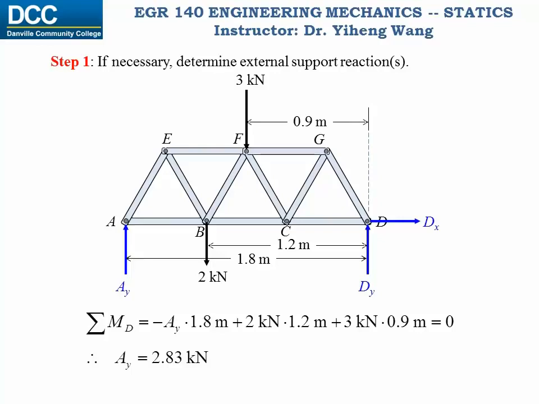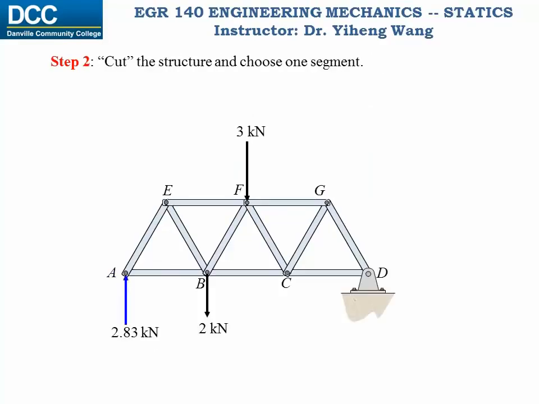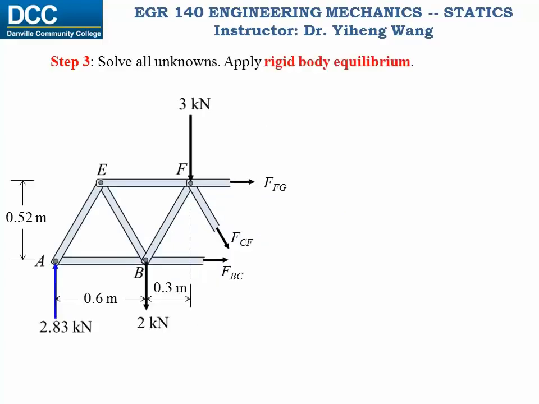Keep in mind that for some problems, it might not be necessary to determine the support reaction, so you should use your own judgment. Step 2, cut the structure, and we have already decided to choose the left segment for our analysis. Step 3, apply rigid body equilibrium to solve for our unknowns.